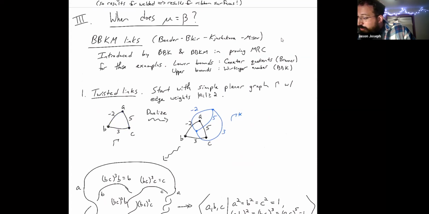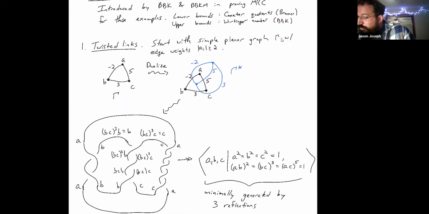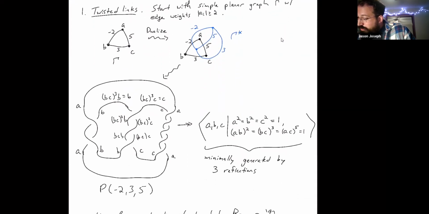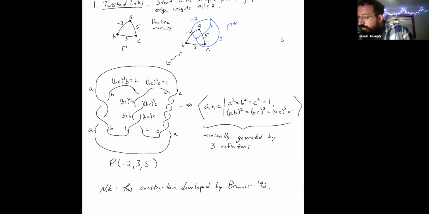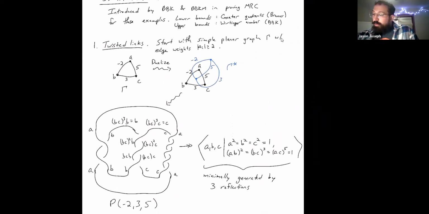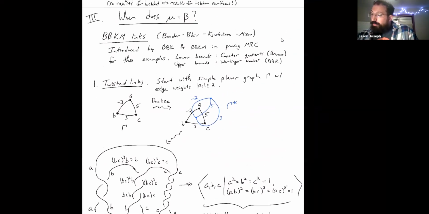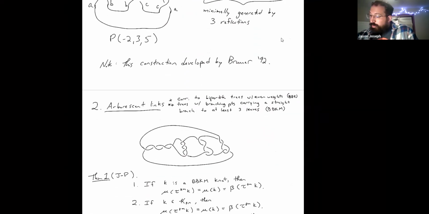So this is a lot of knots and links. And like I said, Bruner developed this construction to get the lower bounds, but it was the upper bounds using the Verdinger number that BBKM established. So that's family 1.